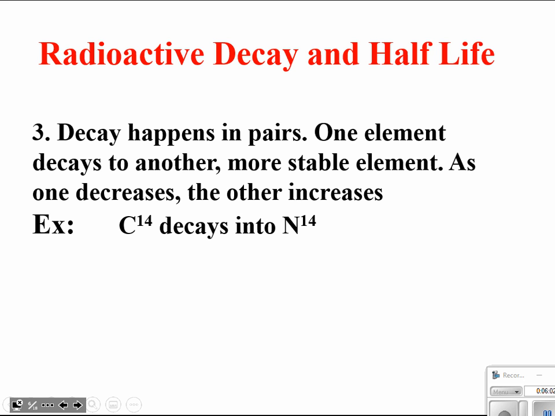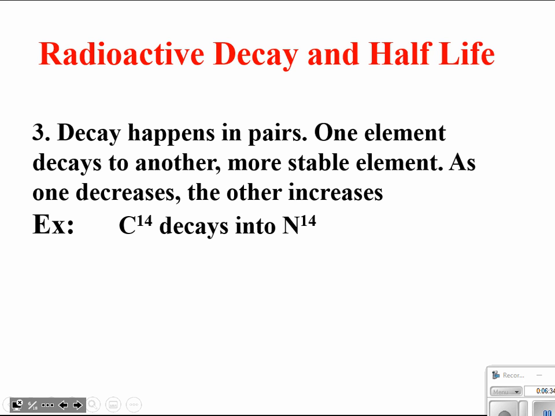So in this instance that we've been talking about, the radioactive isotope carbon-14 is decaying into nitrogen-14. As my amount of carbon-14 decreases, my amount of nitrogen-14 will be increasing. So I can compare, and that's what they do, the ratio of carbon-14 to nitrogen-14.